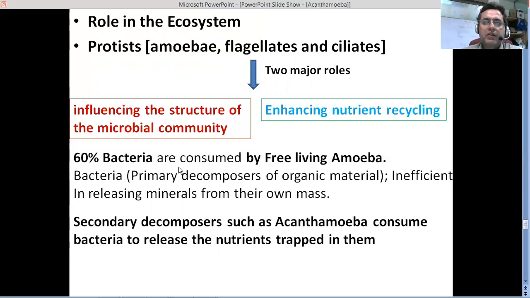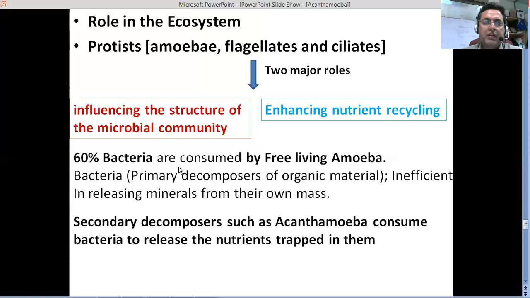You know that a lot of the work of decomposition of the organic matter is carried out by the primary decomposers, and the primary decomposers are always bacteria which are doing this particular job. But these bacteria have a problem.